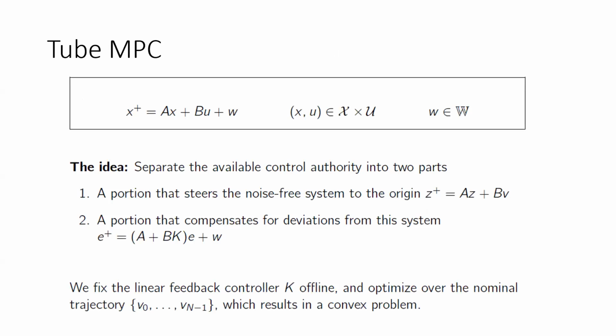There are many variants of the closed loop methods, but the most popular and widely used one is tube MPC. Probably some of you have heard of this. It is used in a lot of different applications. There's a lot of math behind it, but in general, tube MPC separates the control system of the agent into 2 sections. The Z section is the nominal section, and the Z controller does not take into consideration anything related to the disturbances.